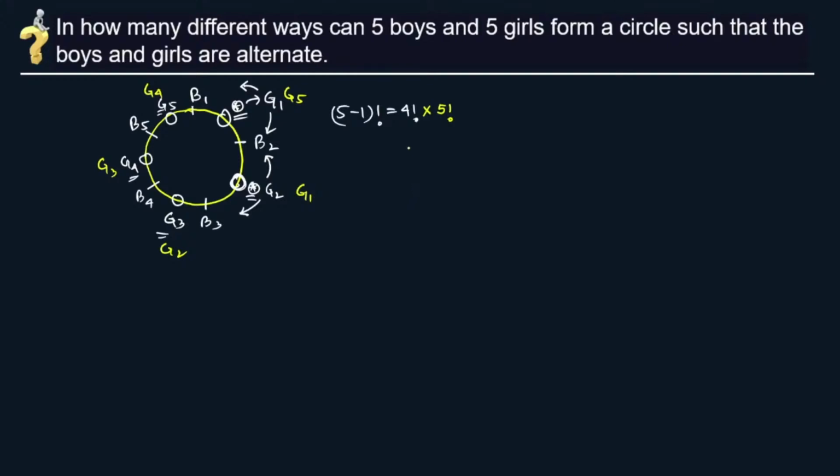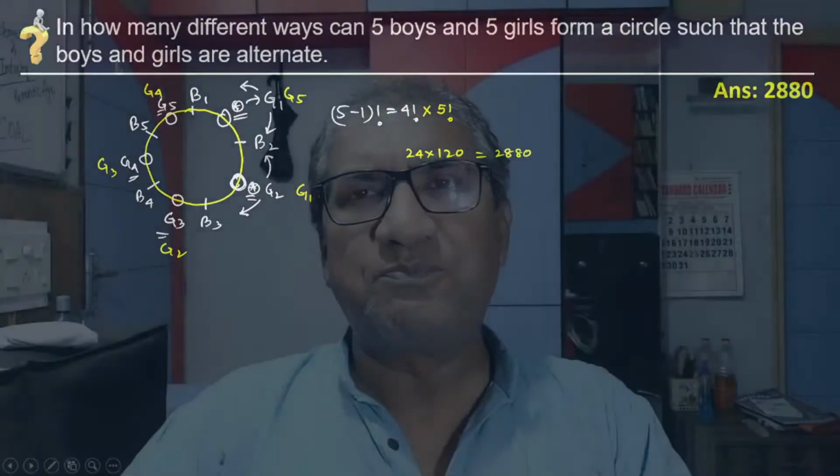Therefore, the total number of ways when boys and girls alternate is 24 into 120. That gives us 2880. Is it clear? So that's our answer.